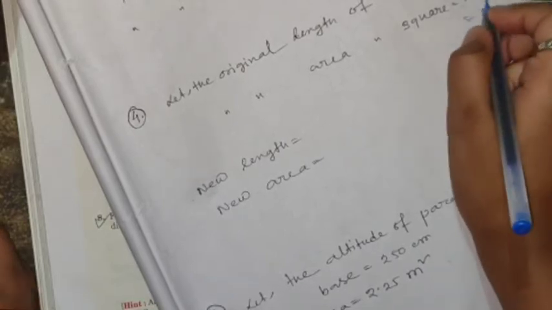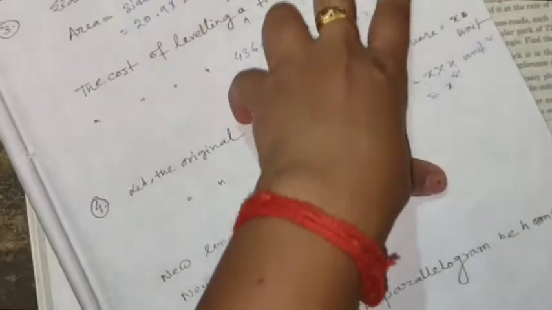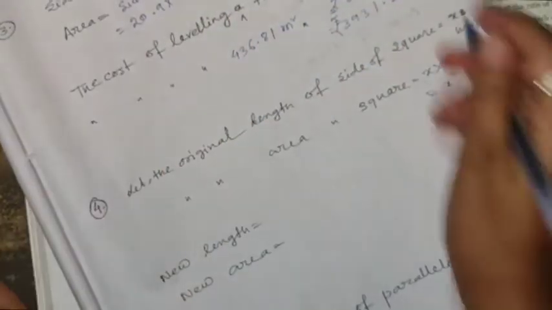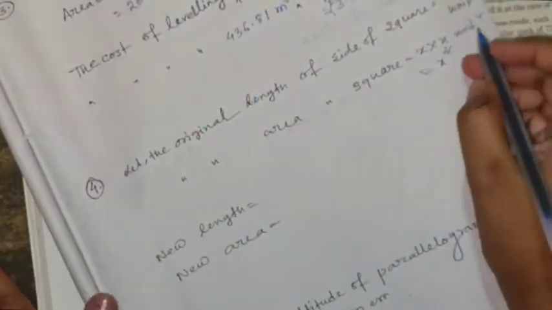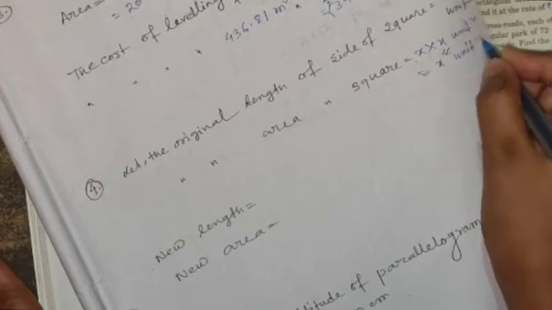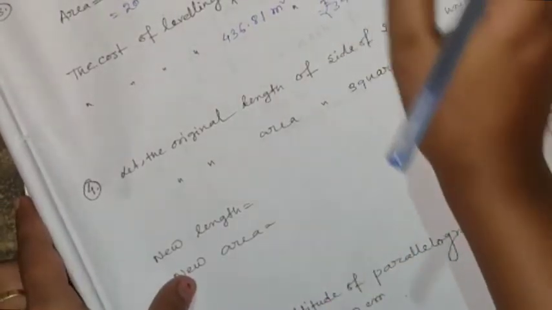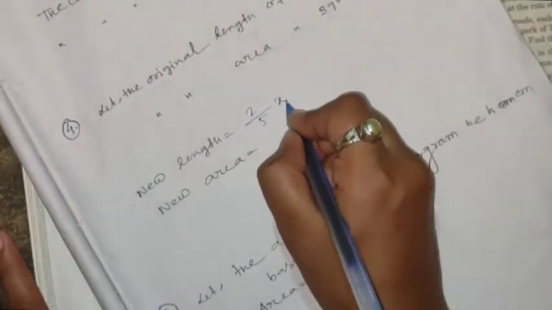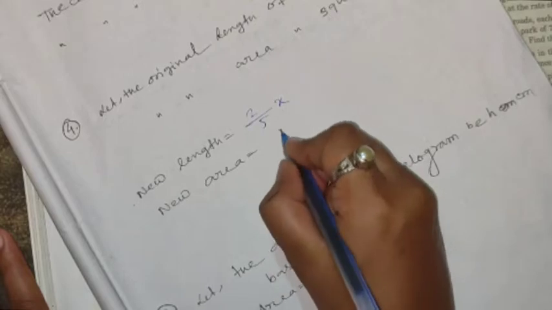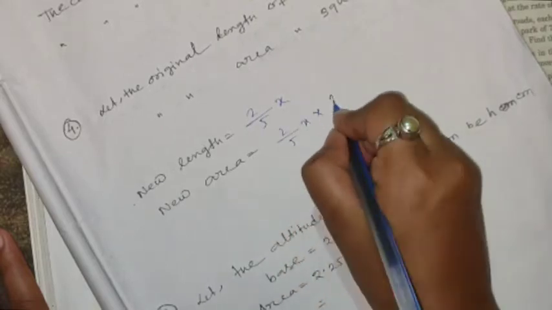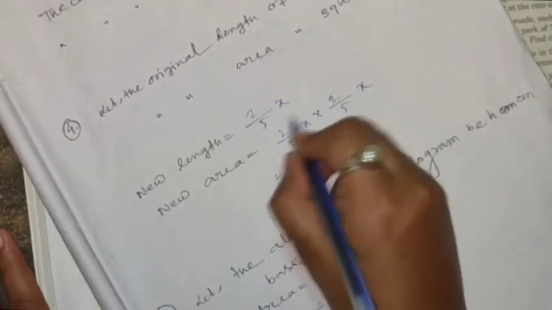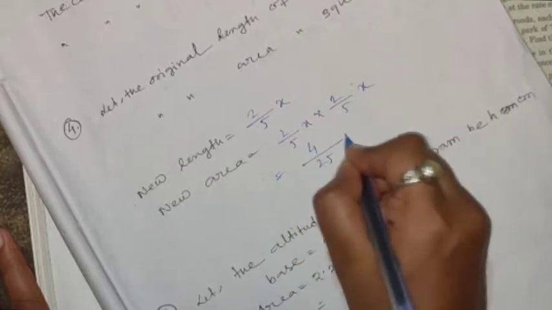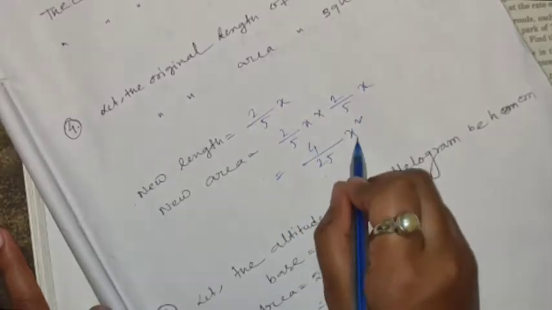X multiplied by x gives x square unit square. Then the new length will be 2/5 times of the original length, that means 2/5 x. Okay, then the new area 2 by 5 x multiplied by 2 by 5 x. This will be 2 2s are 4, 5 5s are 25, 4 upon 25 x square.